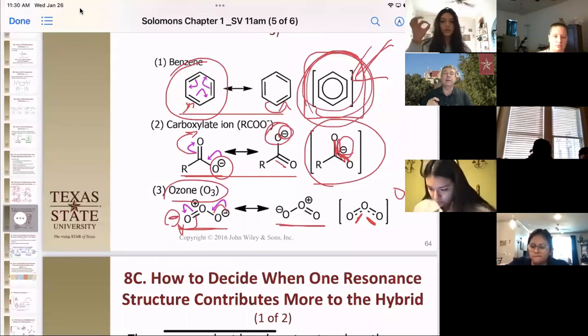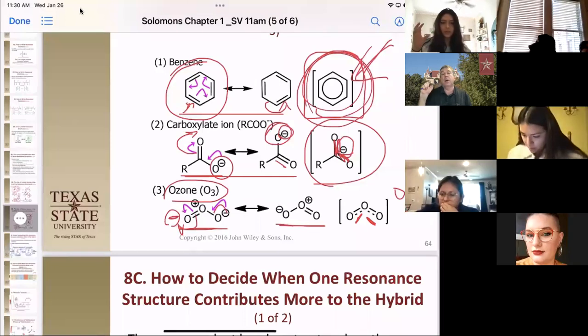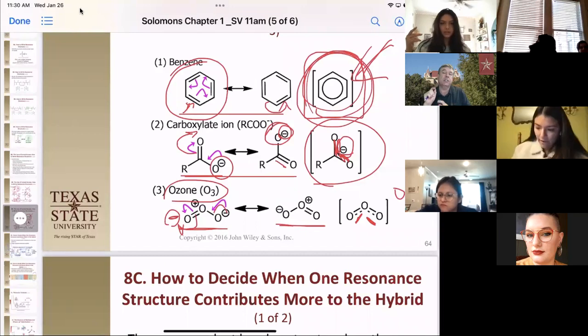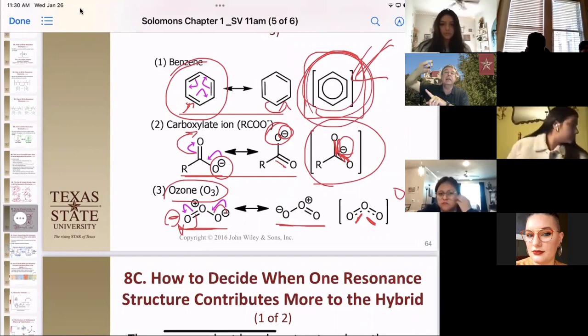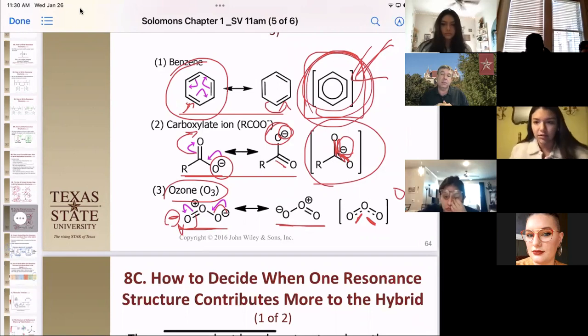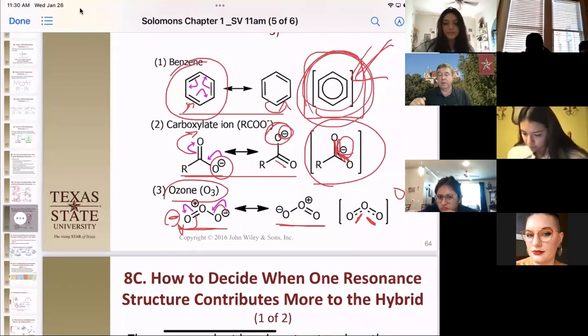So having that negative on the outside is relatively the same thing as having a lone pair of electrons on the outside? Well, the negative charge is actually because you have 1 electron added to it to give it a lone pair. That lone pair is the thing that kind of moves back and forth. We move pairs of electrons most of the time to form double bonds. Got it, thank you.